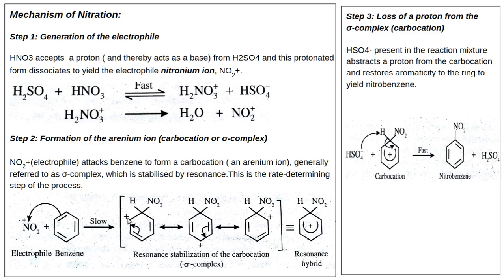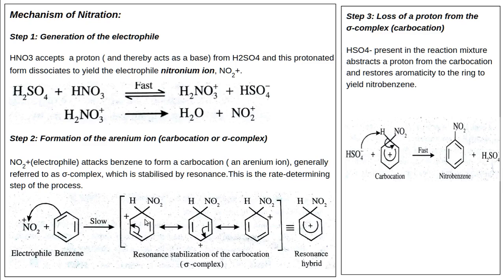This electron pair can shift and different resonance structures are obtained for this carbocation. Carbocation means the positive charge is on a carbon atom. This is also known as an arenium ion or carbocation. Arenium ion means the positive charge is in an aromatic ring.